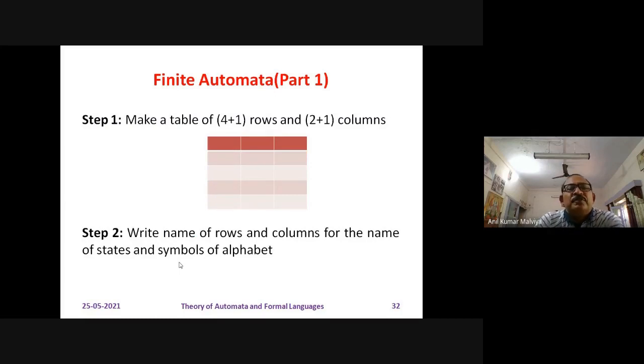Here these are the process. Make a table of 4 plus 1 rows and 2 plus 1 columns. Here we are taking 1 row additional and 1 column additional to write the names of rows and columns.